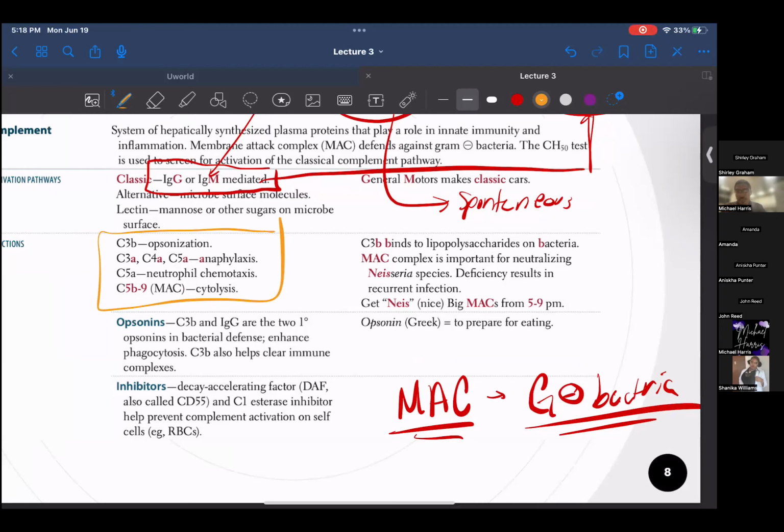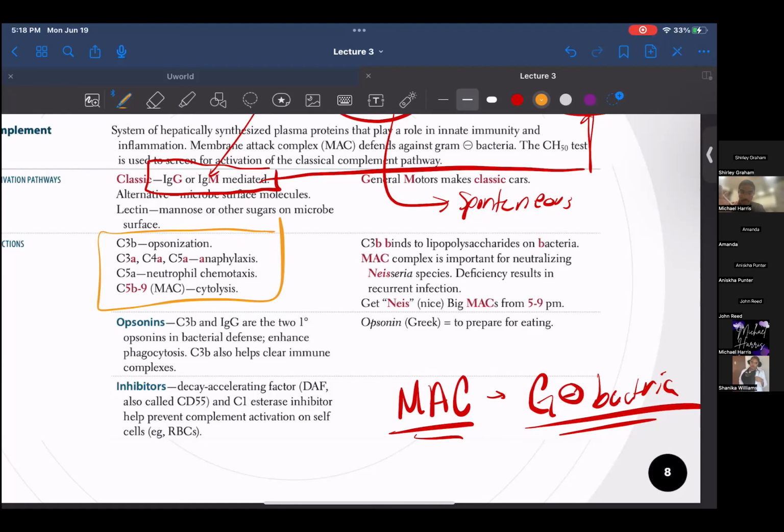Th2 release IL-4 that further produces Th2. In this scenario, it's no different. There's a positive feedback loop. You're constantly activating more and more complement, so you have to have some kind of way of stopping this process.